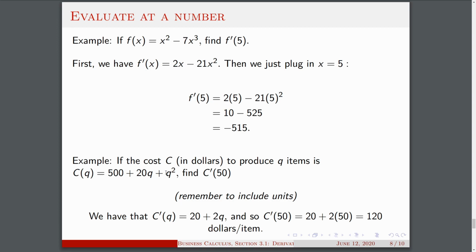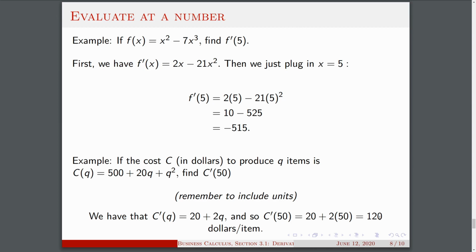And what's the derivative of q squared? That is 2q. And then we'll simply plug in 50 for q. So I'll evaluate this at 50 by just plugging in a 50 wherever I see a q, which was only in one place. And what I got when I did that was 120.